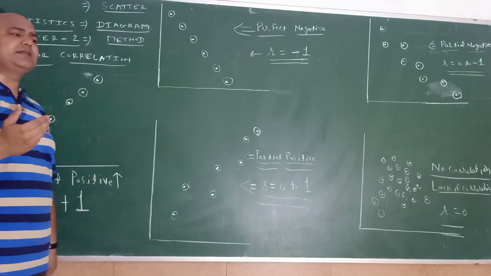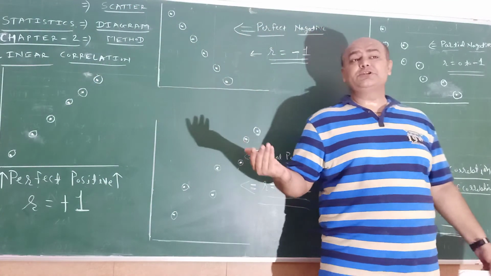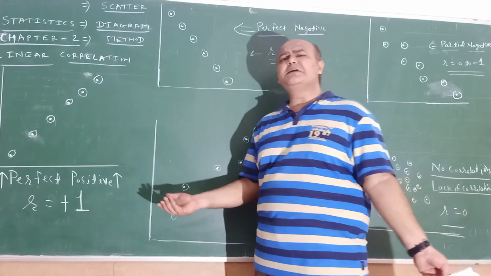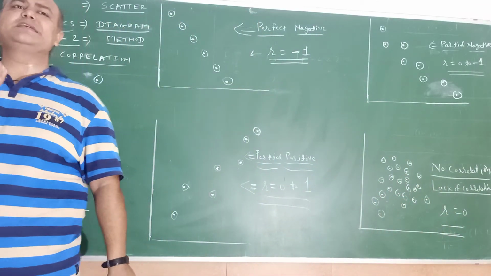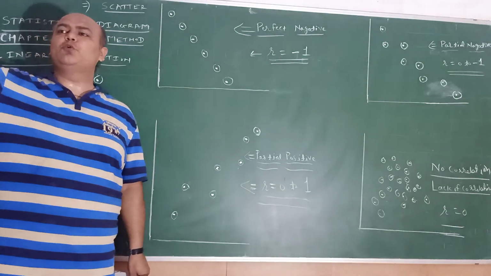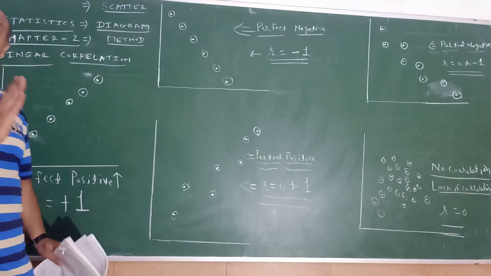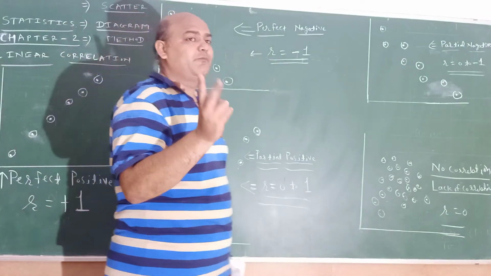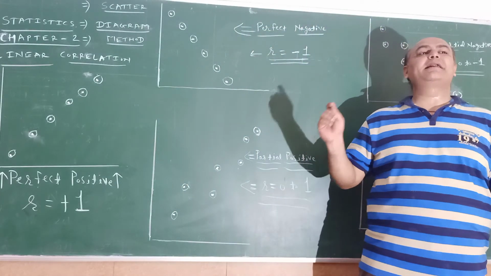There is one limitation of the scatter diagram method. One advantage is that it is very easy, but one simple and important limitation of this method is that it only suggests the direction of the correlation between two variables. How much correlation is there between those two variables cannot be shown by the scatter diagram method.